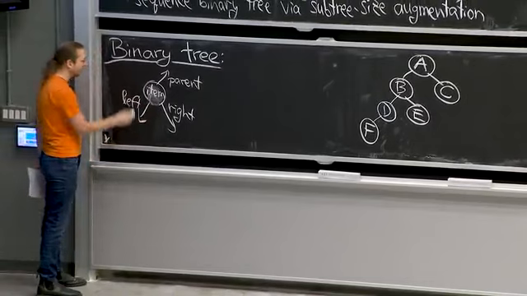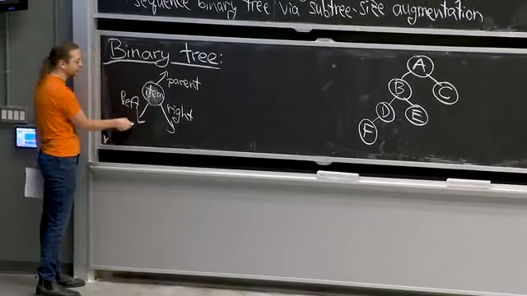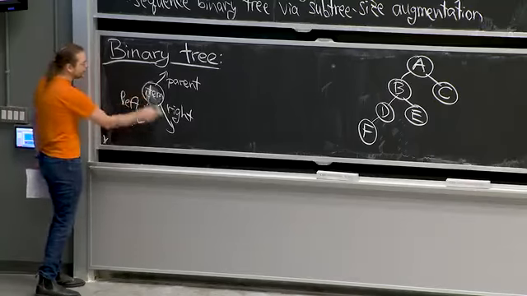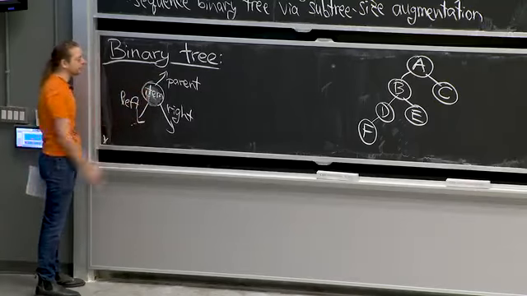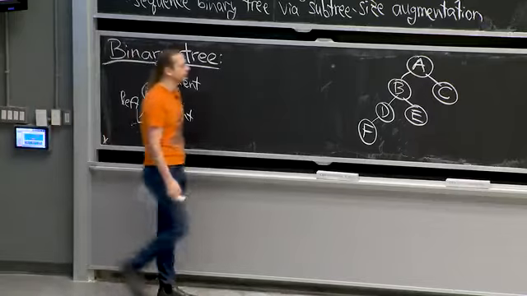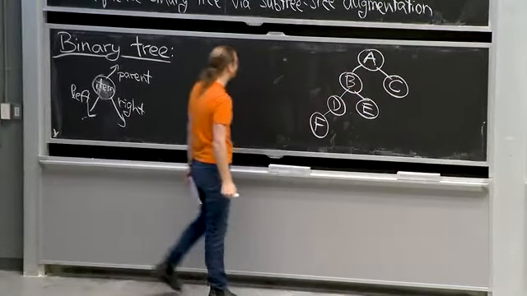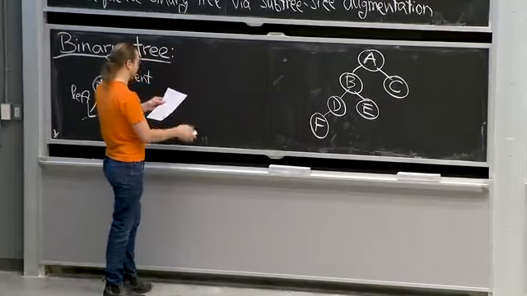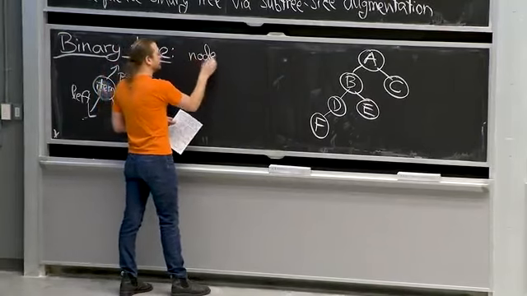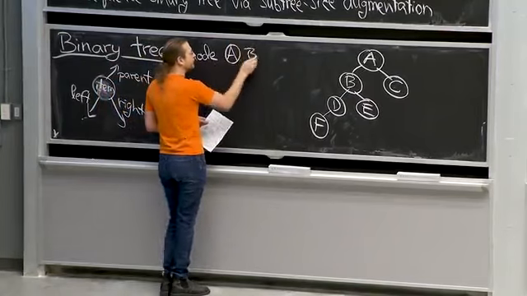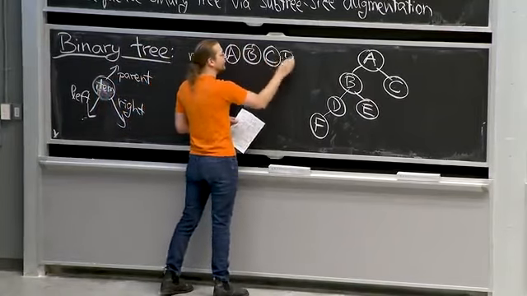So I'm going to talk about node.left, which is a pointer to the node down here. Node.right, node.parent, node.item gives me, so if I look at the node A, its item is A. So let me draw for you some examples.